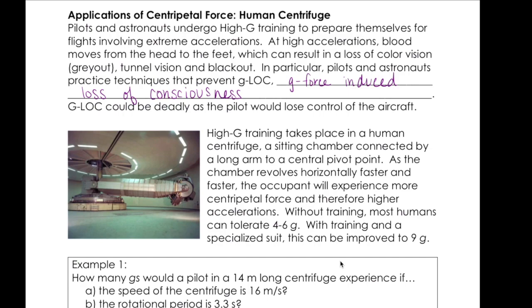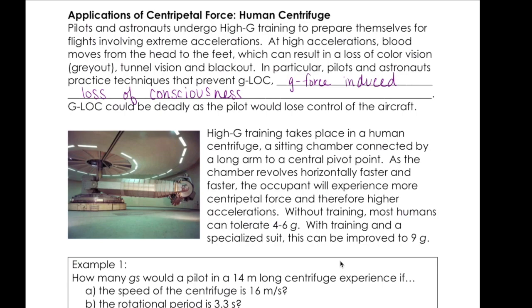At high accelerations, our blood moves from our head to our feet, which can result in a loss of color vision called grayout, tunnel vision, and blackout. These are very dangerous situations for people such as pilots and astronauts that have to control large flying equipment.